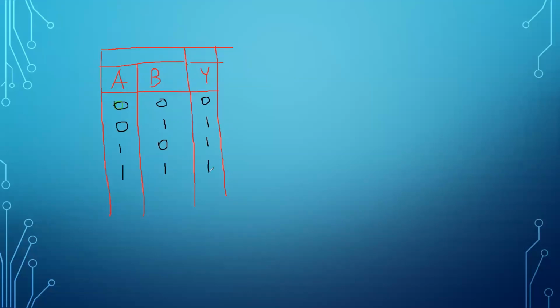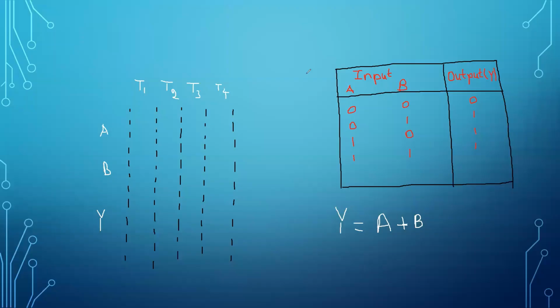Then we will move to the timing diagram for the 2 input OR gate. If you want to draw any timing diagram for an OR gate, definitely you need to consider the diagrammatic representation for each input and output variable. How many waveforms will you get?